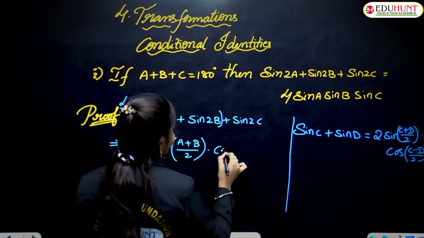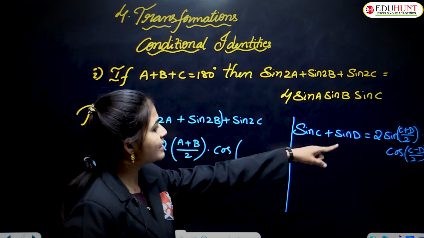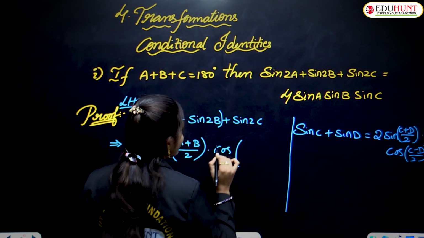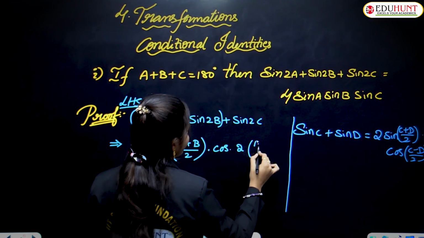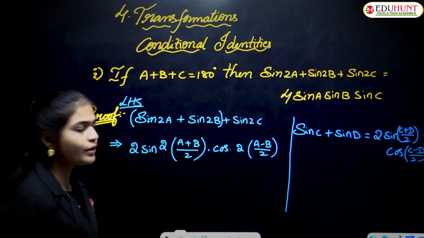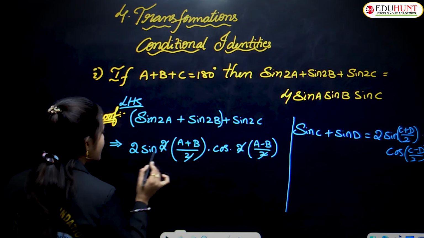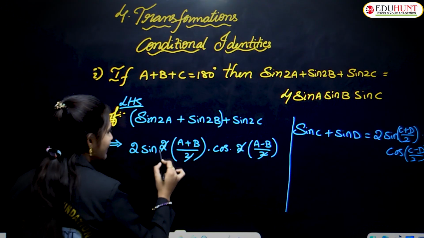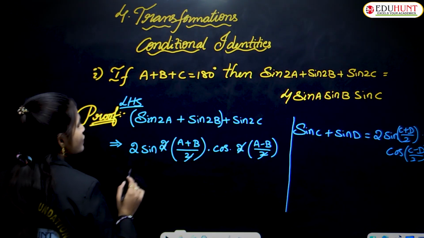In the same way, cos of (2A minus 2B) by 2, that is cos of 2 into (A minus B) by 2. So the 2 and 2 get cancelled. Here we should not cancel, because this total one is theta; we can do cancellations only within the arguments. Understand?